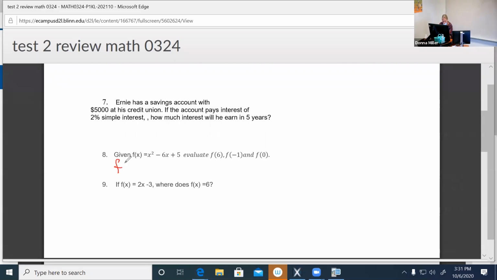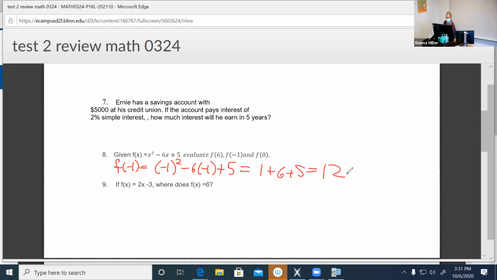That would be -1 squared minus 6 times -1 plus 5. You can either plug in your calculator or work it out. I'm going to get 1 plus 6 plus 5. It's going to work out to be 12, okay? So really simple, with function notation you're just plugging that value in for x and getting what you get, right?